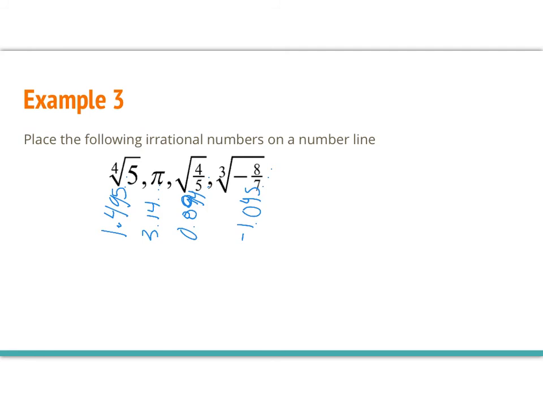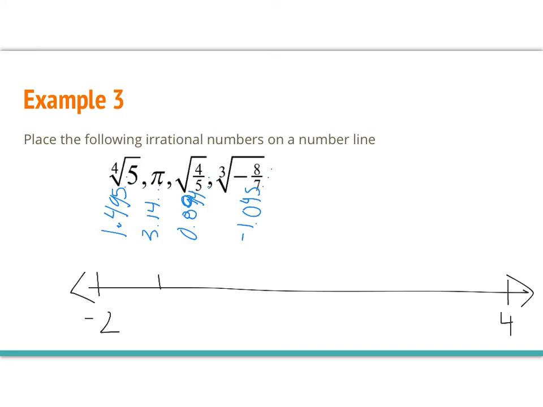So my number line needs to extend from beyond negative 1 to beyond 3. So I'm going to go from 4 down to negative 2. It's not perfect, but that's fine.